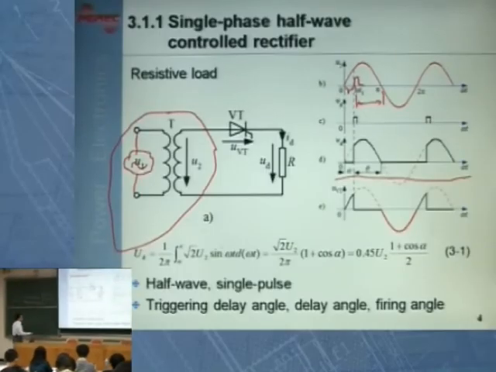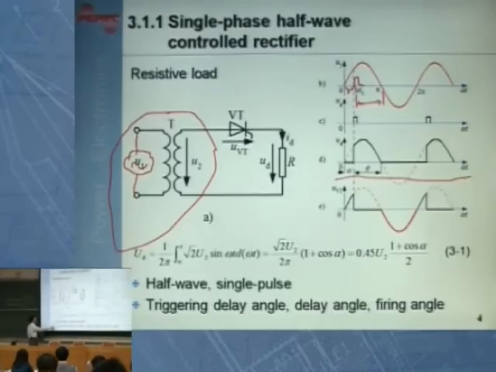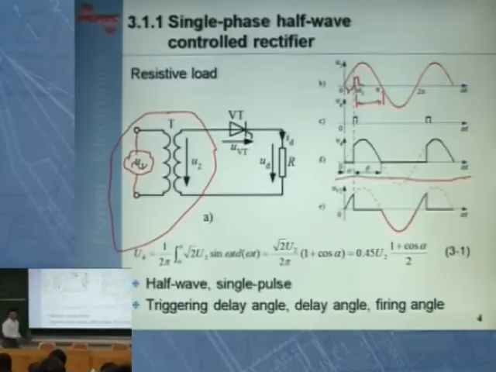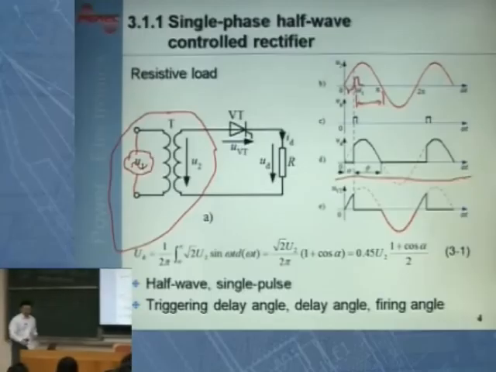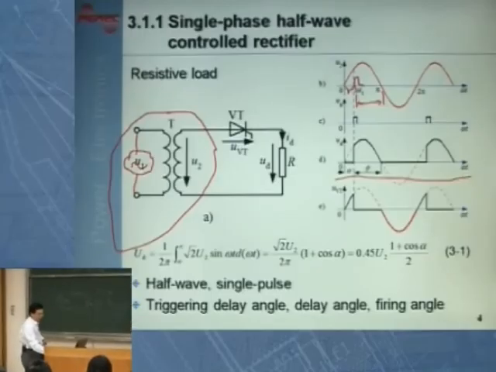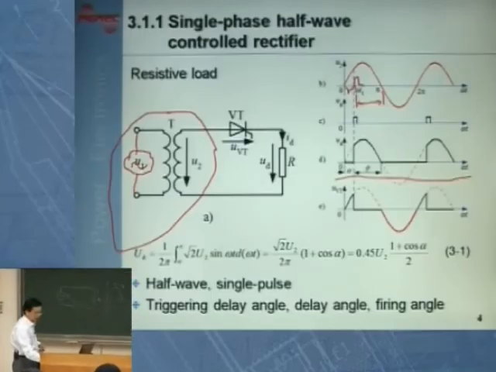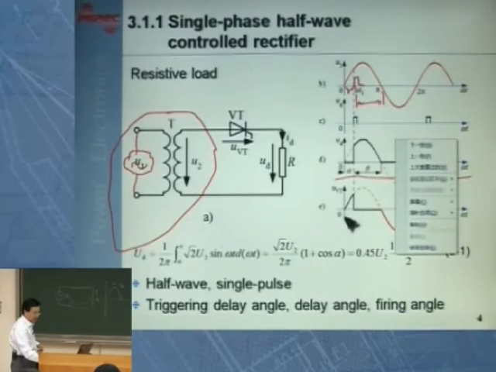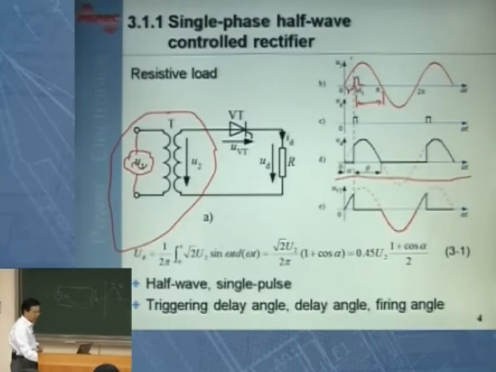We call that control. We call that triggering delay angle control. This angle here, starting from the zero crossing point, until when we turn on the thyristor, until when we send the turn-on signal to the gate, this angle here is called the triggering delay angle.